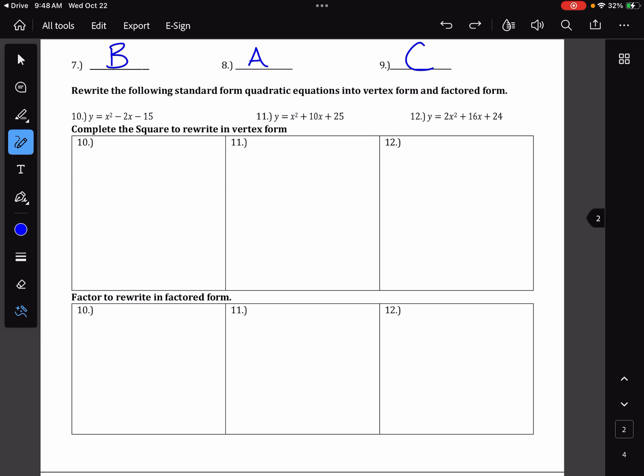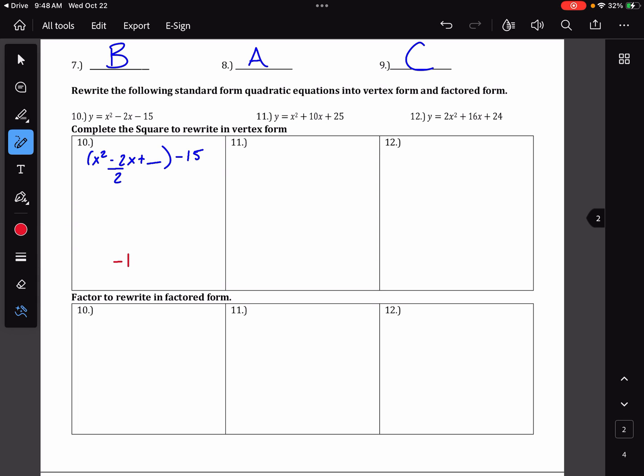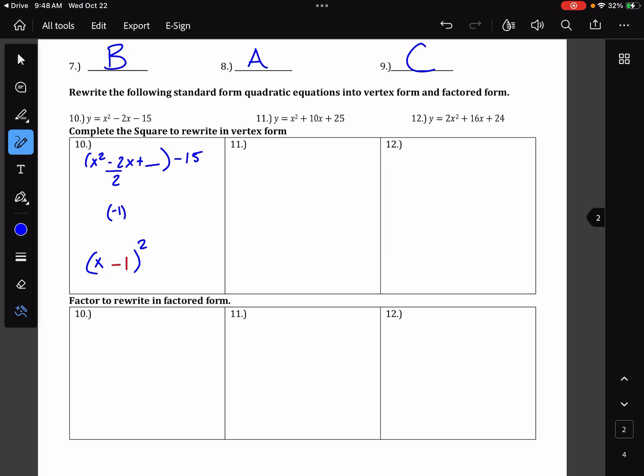So completing the square, first off, I'm going to rewrite my equation with the parentheses and a blank space inside, -15. Divide this by 2. -2 divided by 2 is -1. I'll start writing my vertex form down here. We got x - 1 squared. Then we take that -1 and we square it.